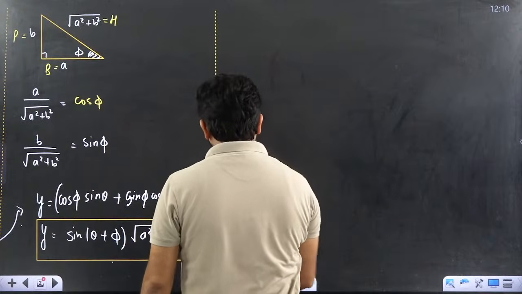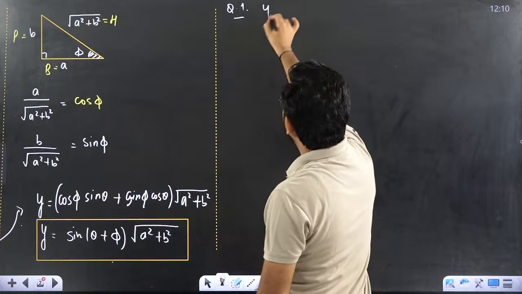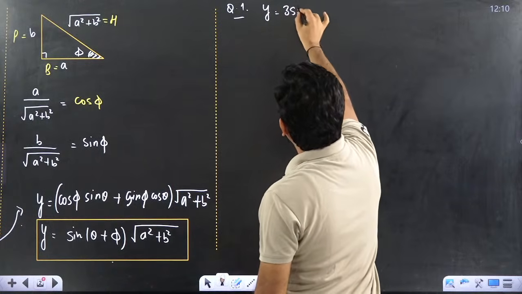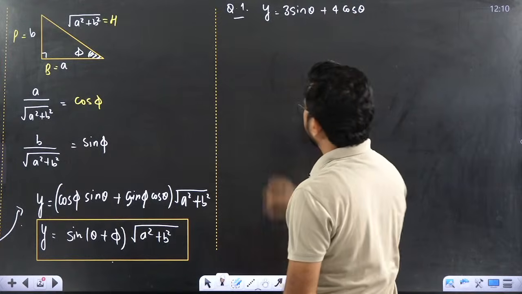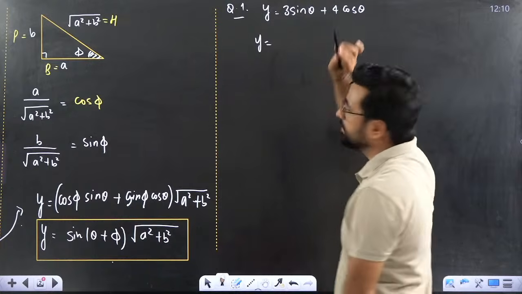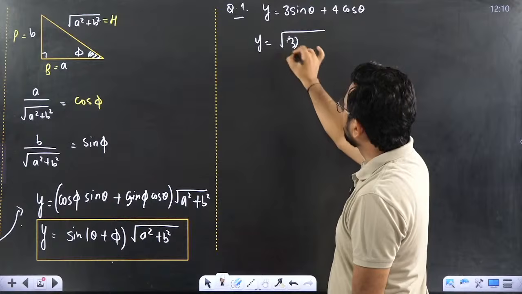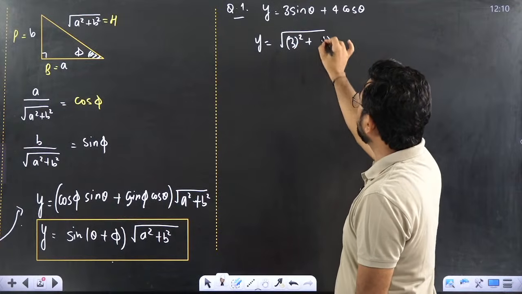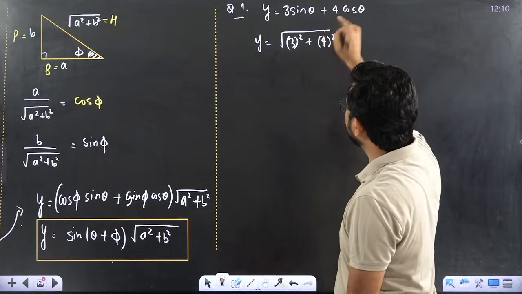What is my problem? The problem is very simple. Problem 1 that I am telling you, y equal to 3 sin theta plus 4 cos theta. In the very next line what you can say, this is the coefficient of sin theta, this is the coefficient of cos theta, that means under root of 3 square plus the coefficient here, 4.